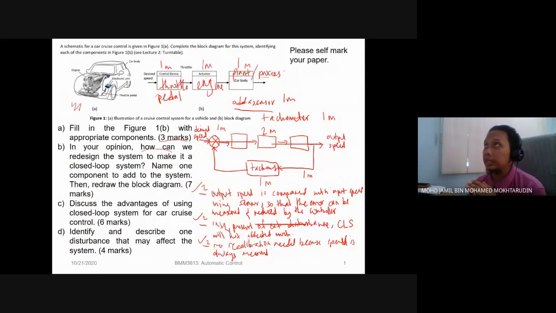Maybe accurate in terms of reducing the error, which is still the same as the first point. If it is accuracy in terms of producing the output speed according to the desired speed, I think that point is still the same as the first point.